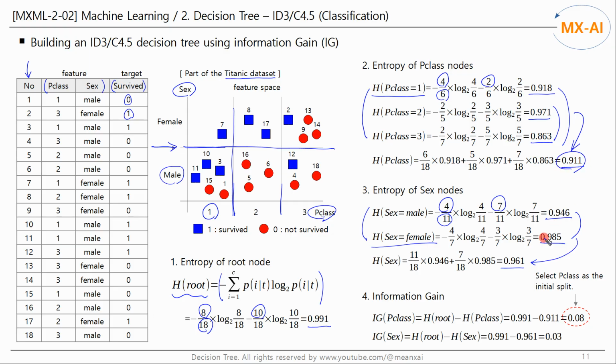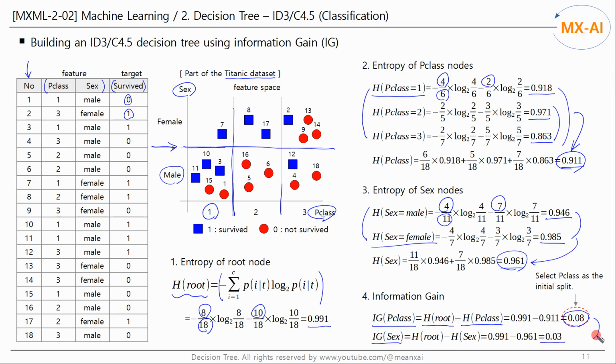Next, let's use these entropies to calculate the information gain. The information gain of p-class can be obtained by subtracting the weighted average entropy of the feature p-class from the entropy of the root node. The result is 0.08. If we calculate the information gain of sex in the same way, we get 0.03.